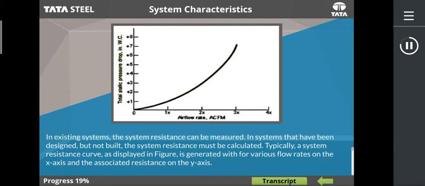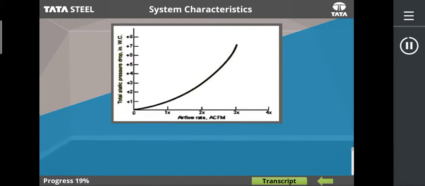In existing systems, the system resistance can be measured. In systems that have been designed but not built, the system resistance must be calculated. Typically, a system resistance curve, as displayed in figure, is generated for various flow rates on the x-axis and the associated resistance on the y-axis.